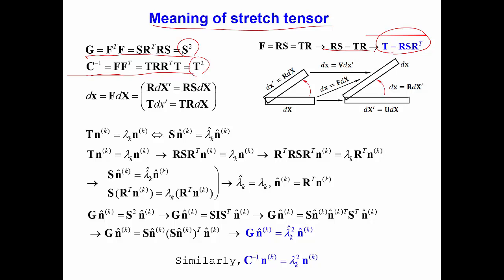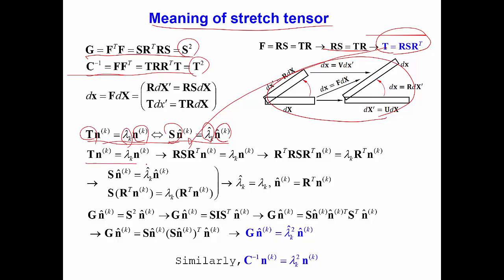We already explained the geometric meaning of the polar decomposition of the deformation gradient tensor. Now, let's consider eigenvalue problems for two stretch tensors, which are formulated by these equations, having different eigenvalues and eigenvectors. Substituting this relationship into this eigenvalue problem, we obtain this equation.